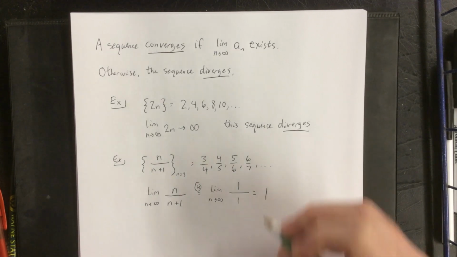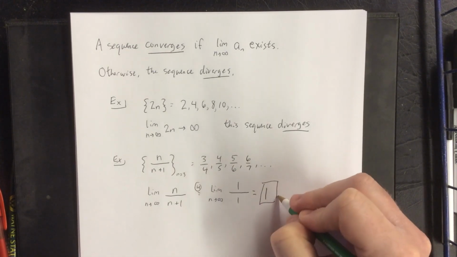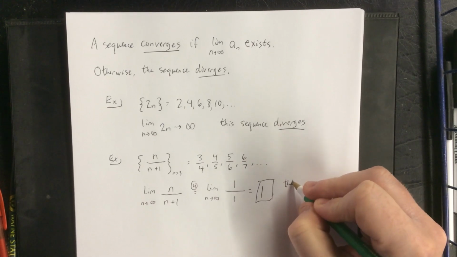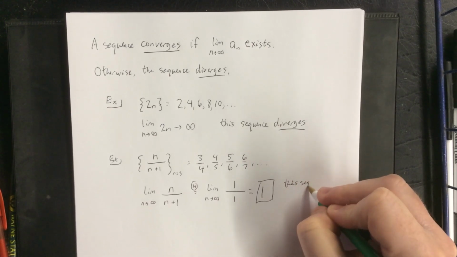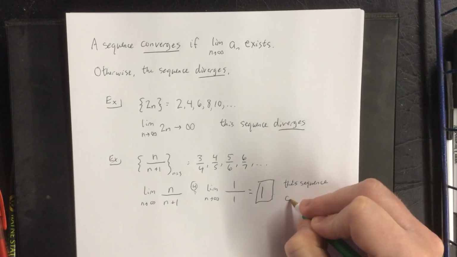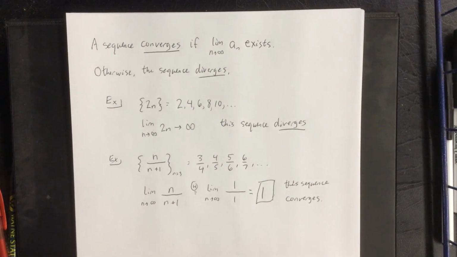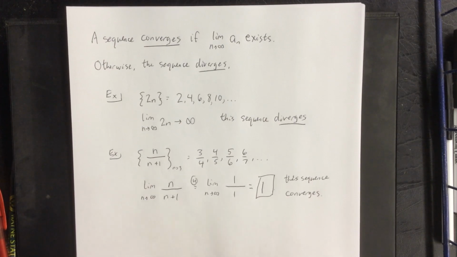Now, in this case, we did get one single finite value out of this, so this sequence converges. So, just some elementary terminology for you. More to come.